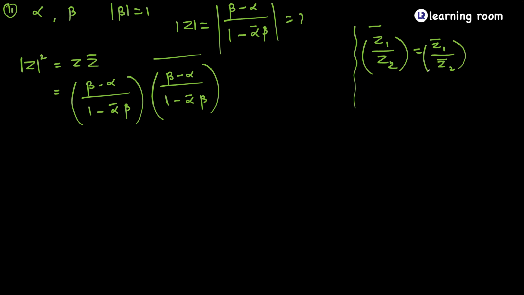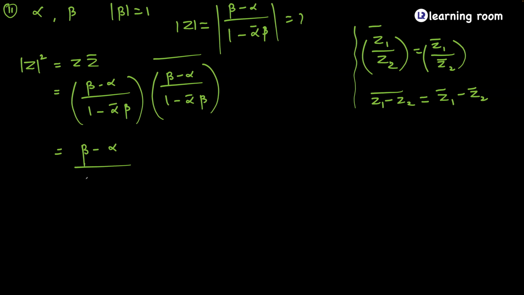After that, what will happen is, if you observe, you have beta minus alpha. Now suppose Z1 minus Z2, the whole conjugate is written. This is the same as Z1 conjugate minus Z2 conjugate. Are you able to understand? Now observe. So I'm going to leave it as it is.